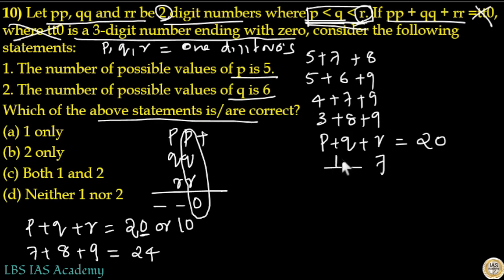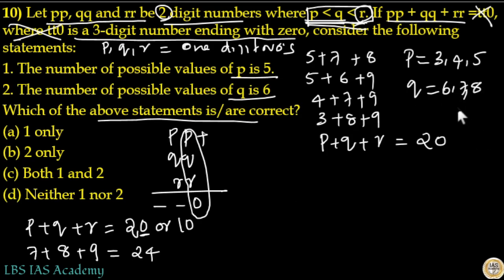P plus Q should be 13, which is not possible because 6 plus 7 is 13 and 7 we already taken. If I take R as 6, P plus Q should be 14, which is also not possible because 6 plus 8 is 14 and 7 plus 7 is 14. These two values are not possible. So with the sum 20, possible values of P are 3, 4, 5 and Q are 6, 7, 8.